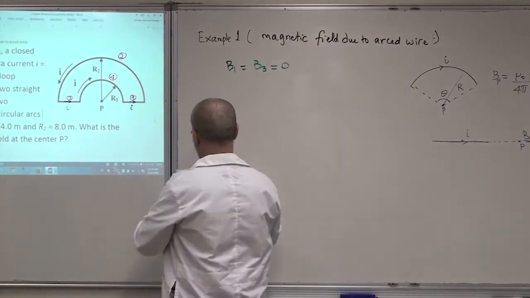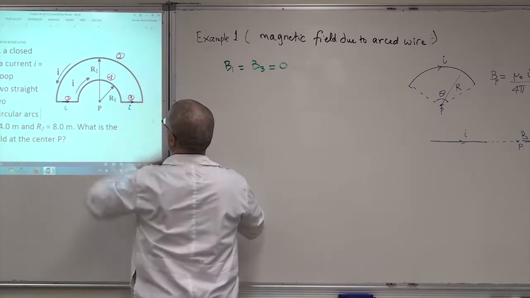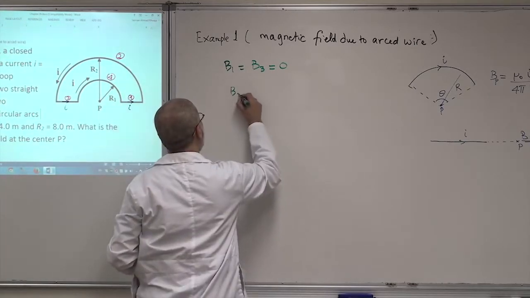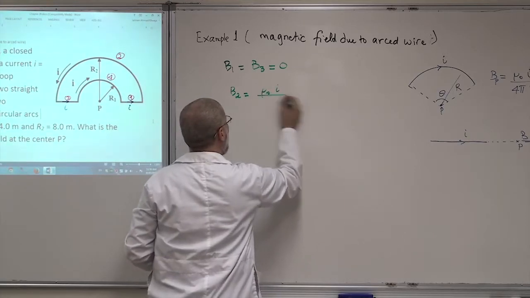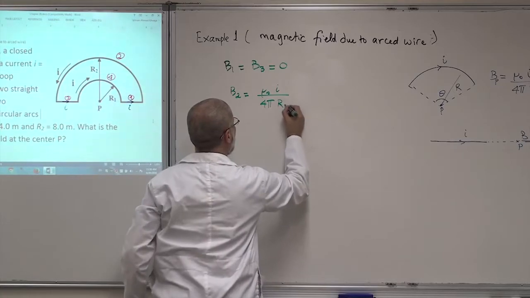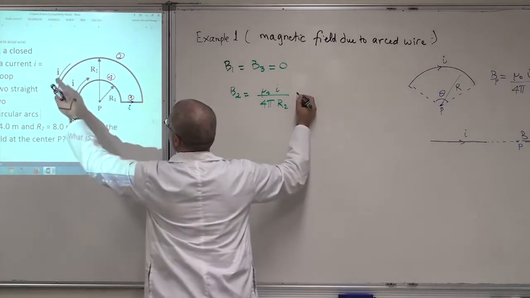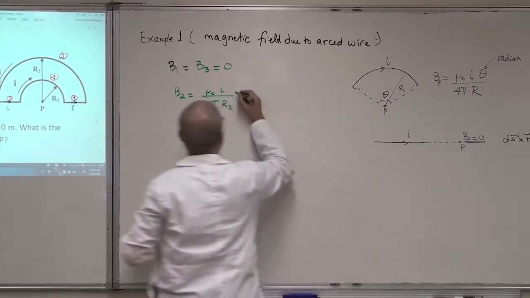Now, let's go to B2, and then B4. B2 will be mu0 I over 4 pi R2, the radius, times the angle theta, and the angle theta here is pi.